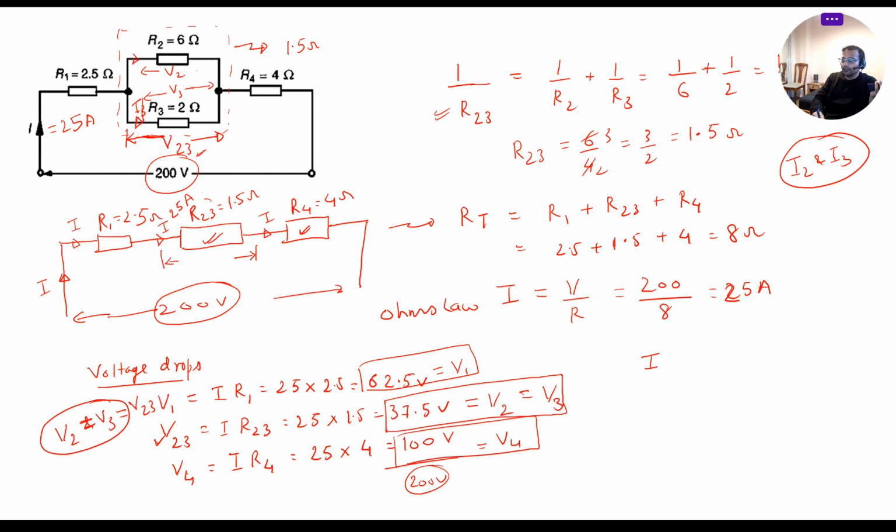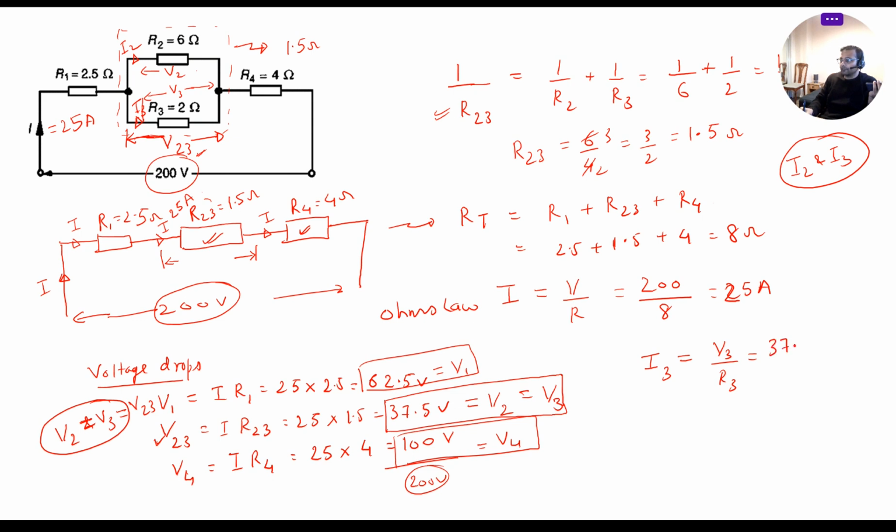So let's calculate I3 first. I3 will be equal to V3 divided by R3. So what is V3? We have calculated it.